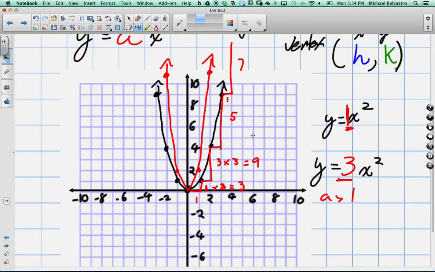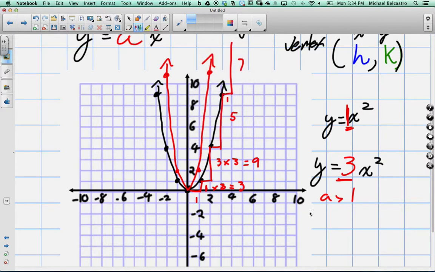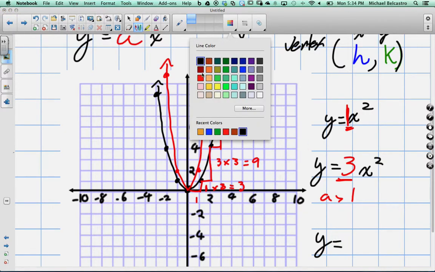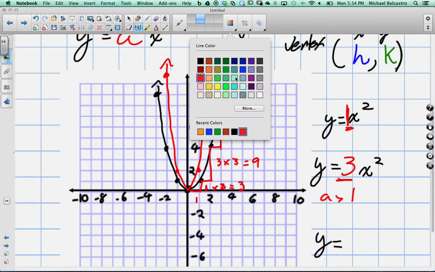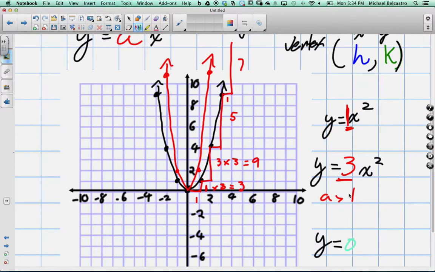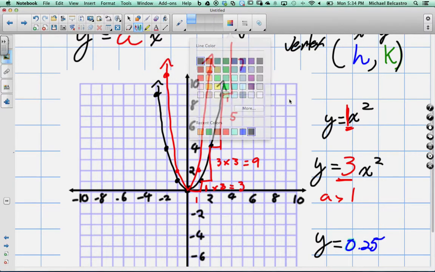Here's another idea. What if this happens, and we'll do it in a different color. Y equals, I don't know, maybe 0.5. And I guess I'll do a different color to help us out here. We'll go this blue. What if it's 0.25, or as a fraction, that's 1 over 4, okay?